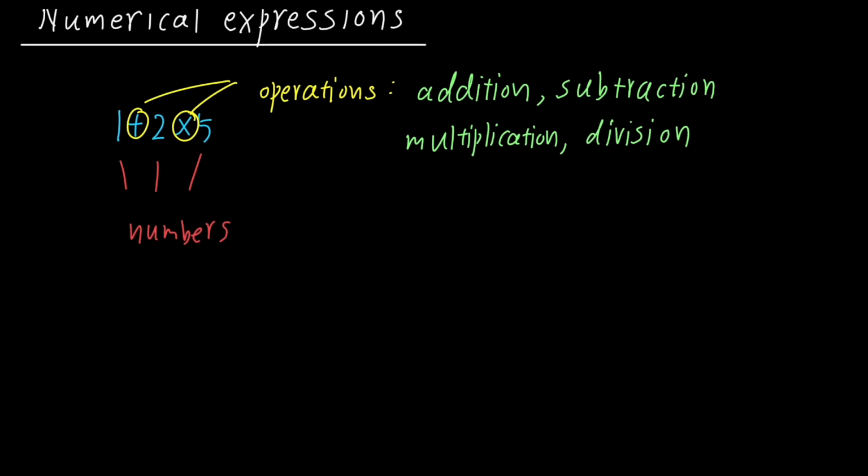So because we have numbers and we also have operations, we want to give this expression a new name, right? We call it numerical expression.